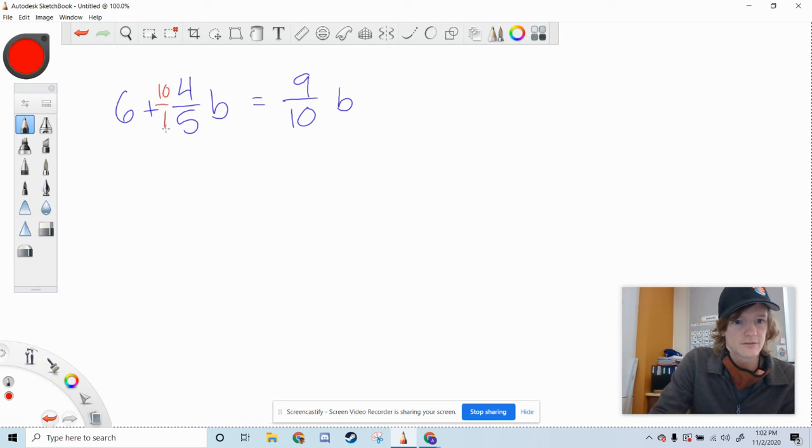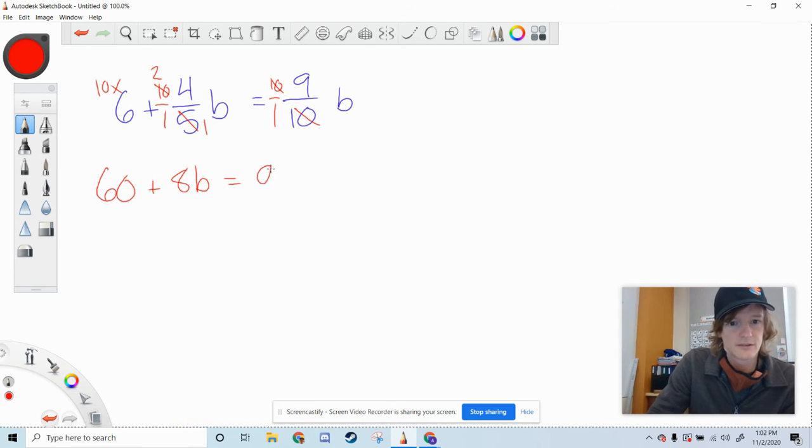So times 10 over 1, times 10 over 1. 10's reduce down to 1's. The 10 and the 5 don't go down to 1. It goes to 1 and 2 because we divided by 5. So I have also times 10, and there's nothing on this side. So 60 plus 2 times 4 is 8b equals 9b.